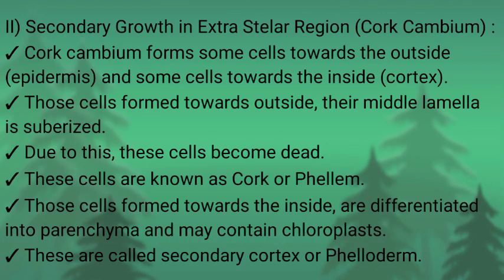Those cells formed towards the inside are differentiated into parenchyma and may contain chloroplasts. These are called secondary cortex or phelloderm. Remember, cork cambium has the ability to produce cells on both sides. On the outer side it forms cork or phellum, on the inner side it forms secondary cortex or phelloderm.